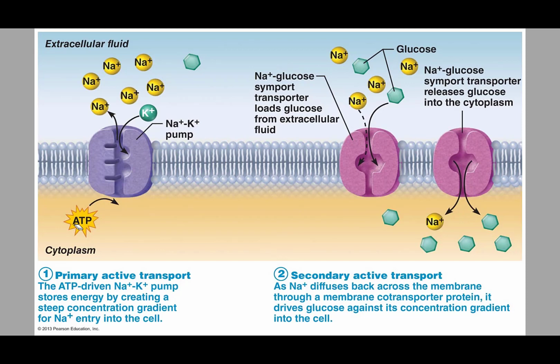So, sodium is in a high concentration outside the cell. Every cell in our body. That is an important thing. It's going to come back multiple times this semester and next semester. The sodium concentration outside our cells is high compared to the sodium concentration on the inside of our cells.